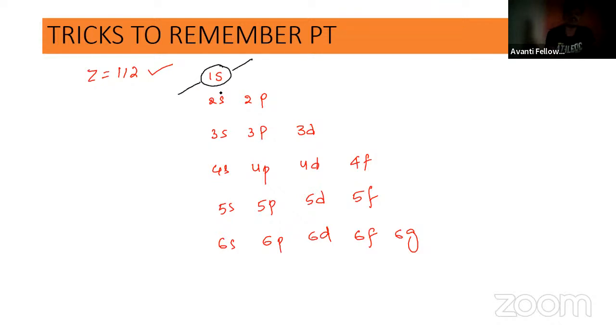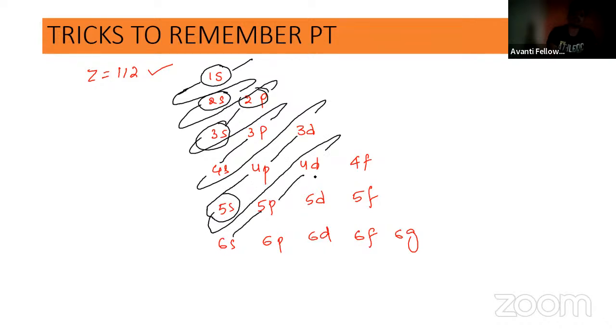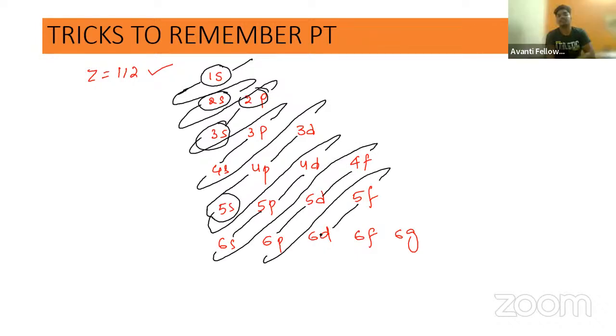First, you will go through 1s, then you will go to 2s, then from 2s to 2p, then 3s, 3p, 4s, 3d, 4p, 5s, 4d, 5p, 6s, 4f, 5d, 6p, 5f, 6d. So like this, it is going to happen.